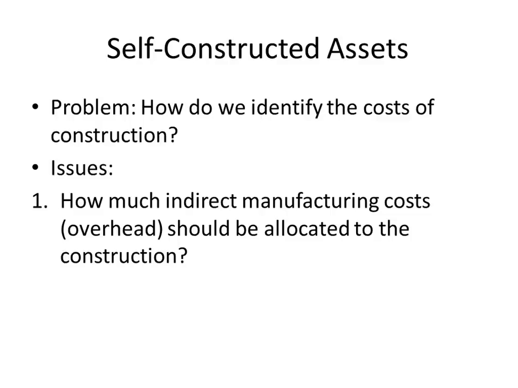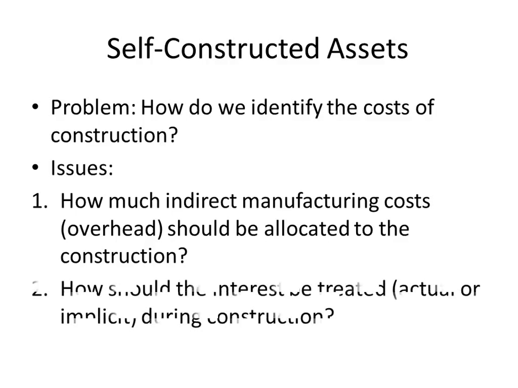So the first issue is how much should we allocate to construction? The second issue is how should we treat interest during construction, interest costs incurred during construction. Okay? So these are the two issues when you're trying to figure out how much an asset costs you to construct. These are the two issues that come about.